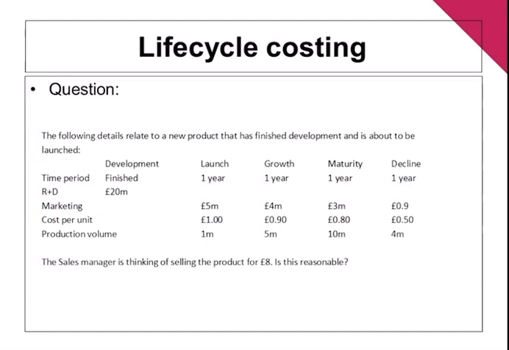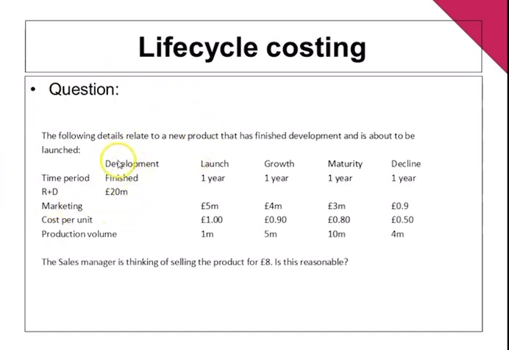We're going to move on now to the life cycle costing question and example that again is on your Word document, and this is very simple. All you've got to remember is that you must take into account all the costs associated with the product over its life.